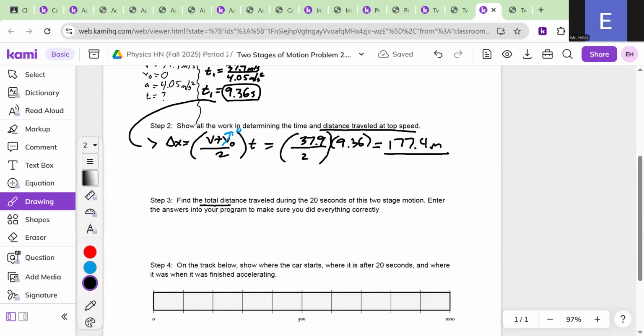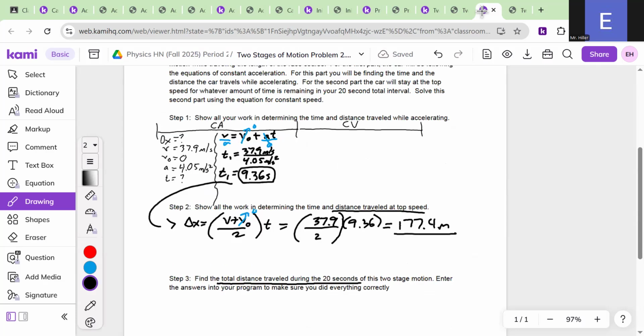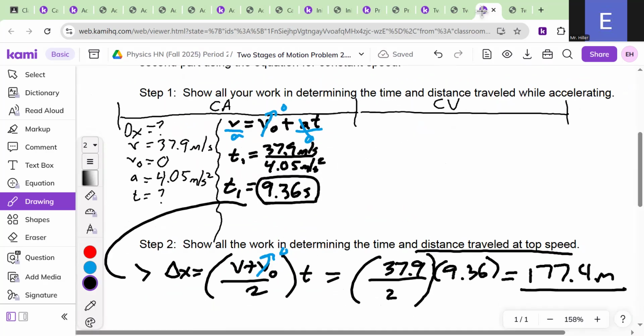Now, to find the total distance, we need to basically do the following. Okay, we've got the time. Now, over here, we don't know what the distance is. We know what delta x1 is. We just found it. Delta x2, we're going to need to find. We know the velocity is going to be the same as your top speed.